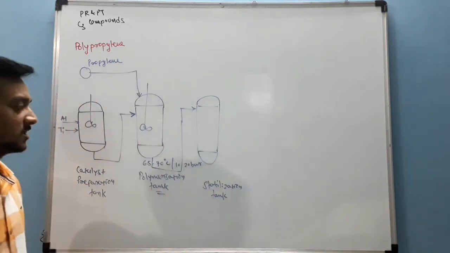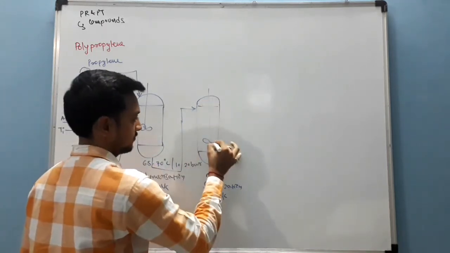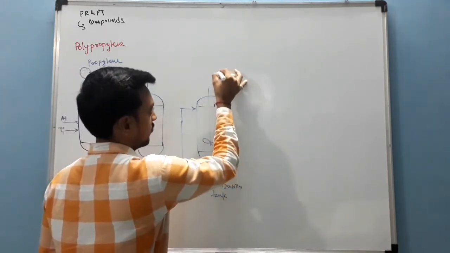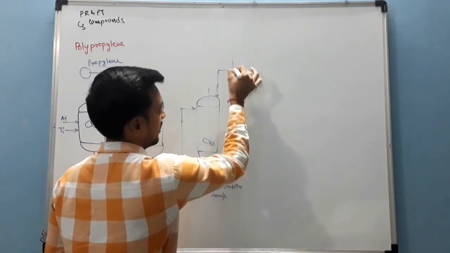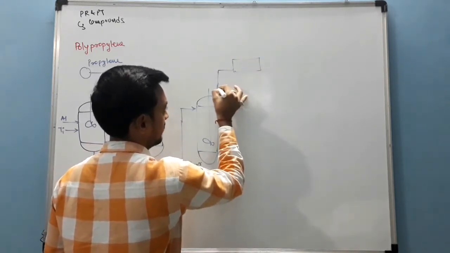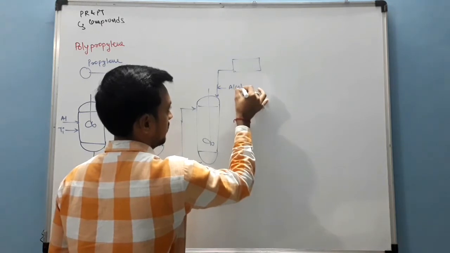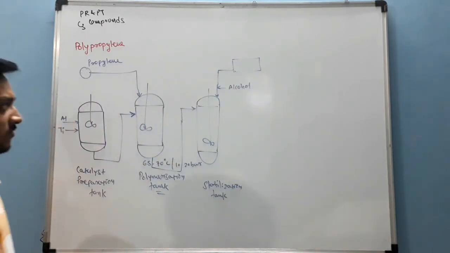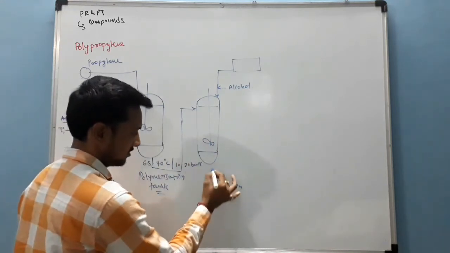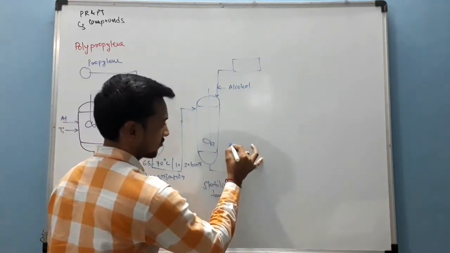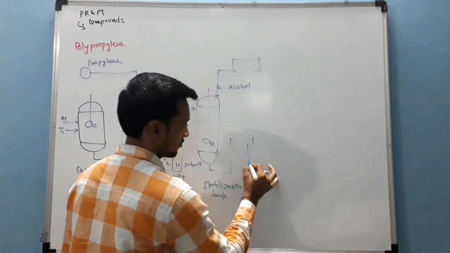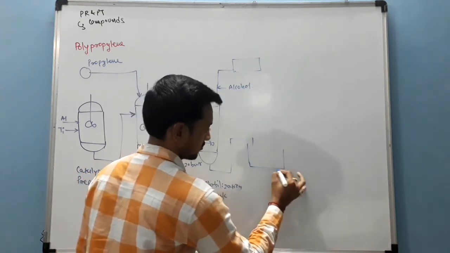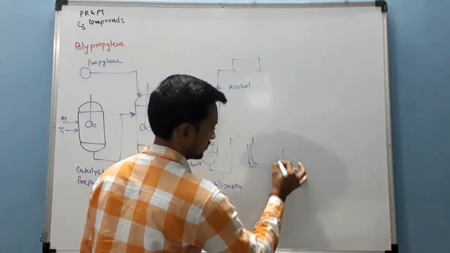In the stabilization tank, alcohol is added. Okay. Now from stabilization it goes through the centrifuge.